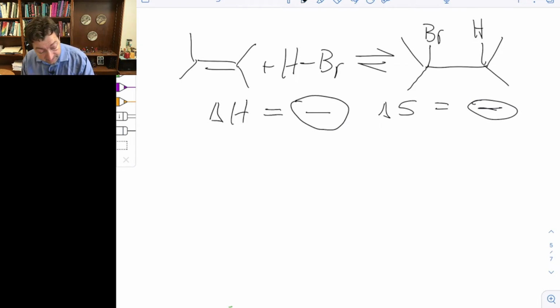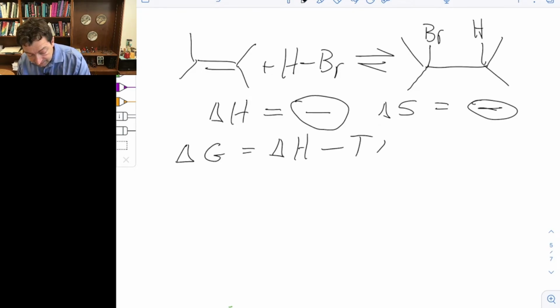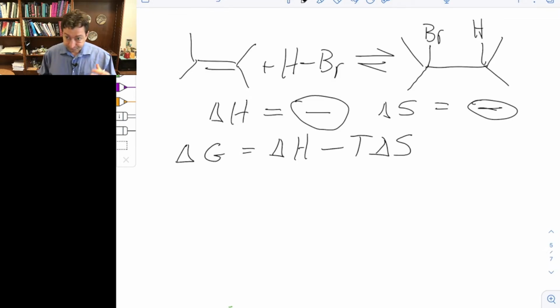So if we look at delta G, of course, it is delta H minus T delta S. What we observe here, of course, is that the temperature term has an influence on what's going on. Of course, a negative delta S times a negative sign is an overall positive term.